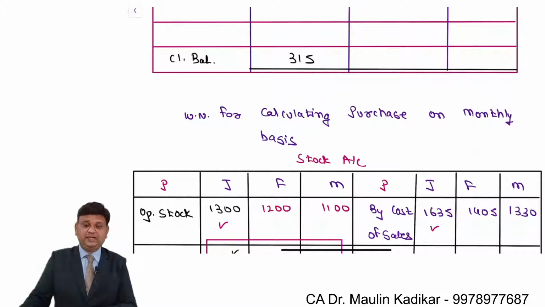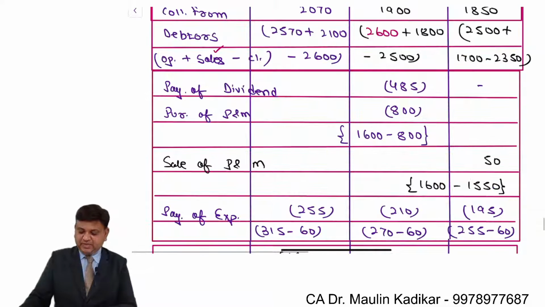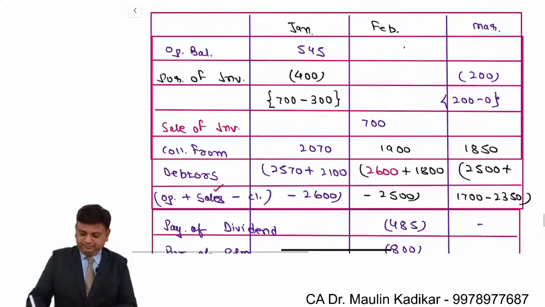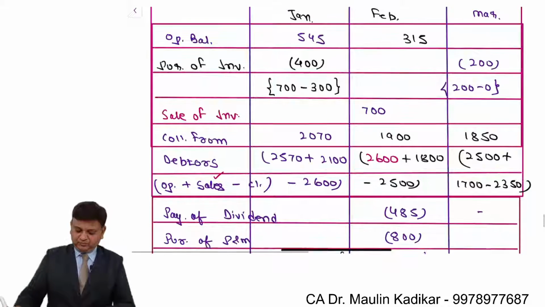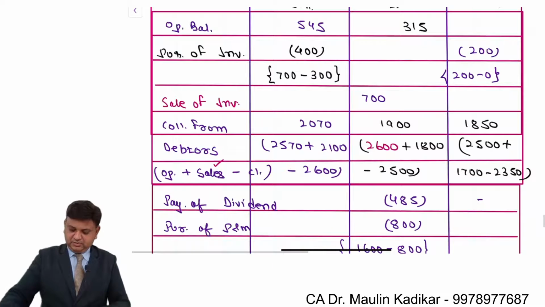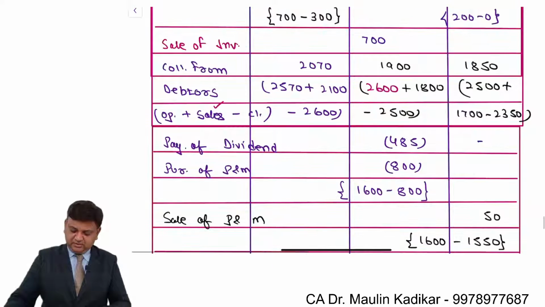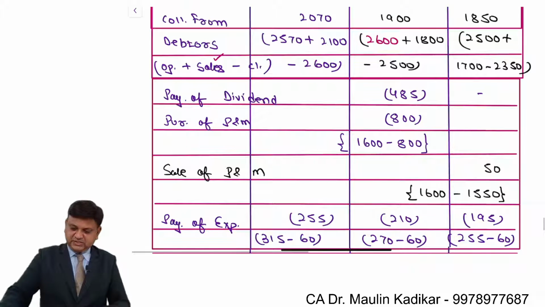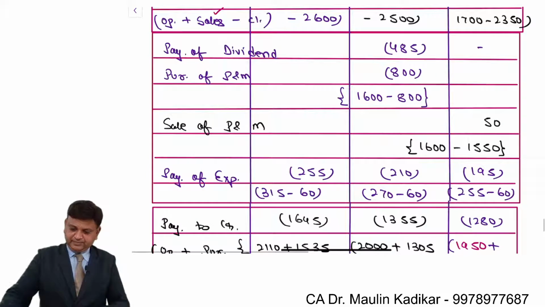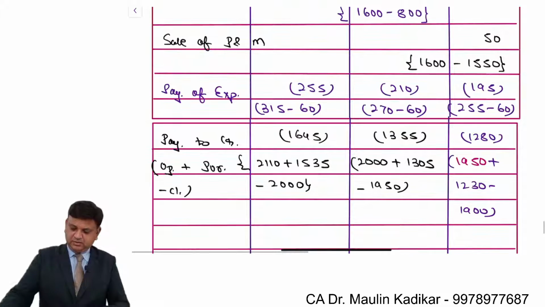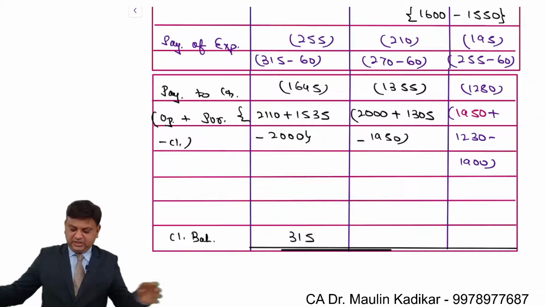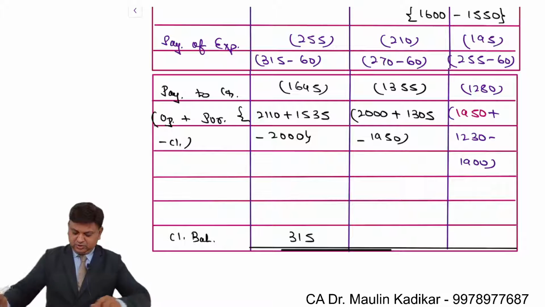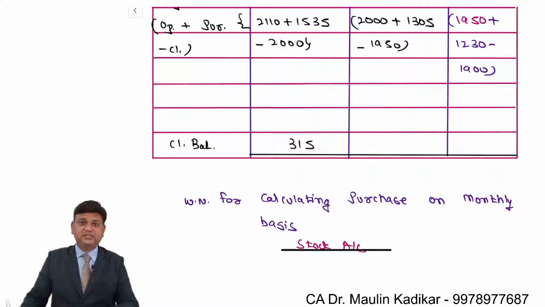This is the closing balance of January that will become opening of February. Plus 700 plus 1900 minus 485 minus 800 minus 210 minus 1355. So we find the closing balance as 65 positive.